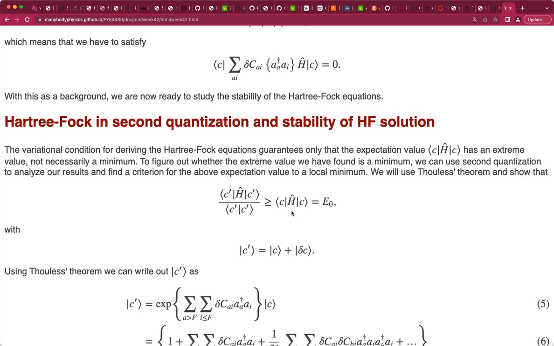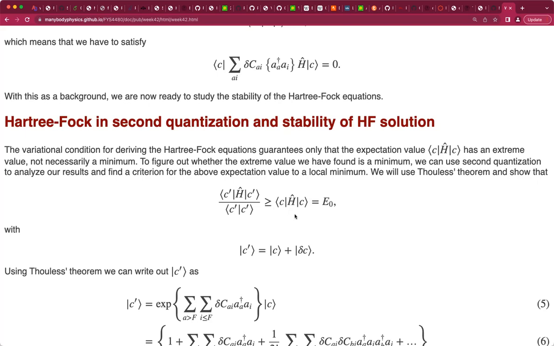So if somebody gives you a Hartree-Fock Slater determinant for the ground state of the system, what we want is this to be a local minimum. We don't know whether this is the global minimum, but we hope that with that basis, we are getting closer and closer to the global minimum, or the minimum we want to reach.